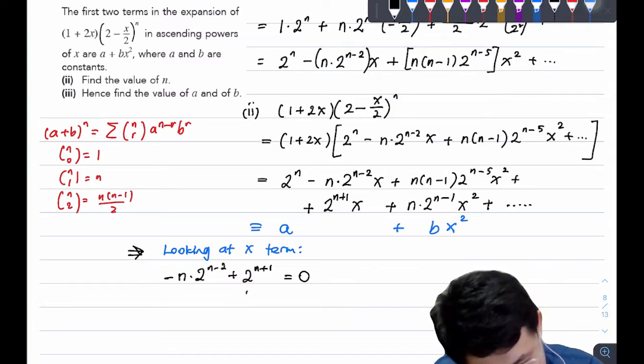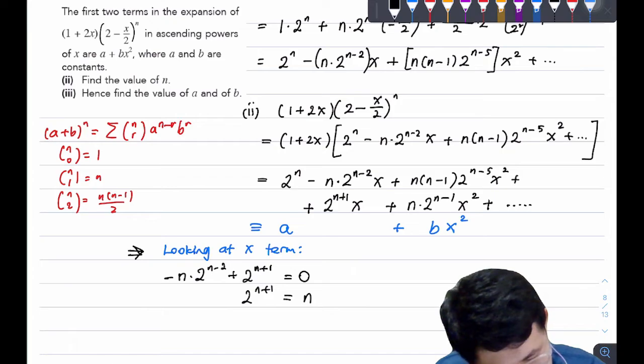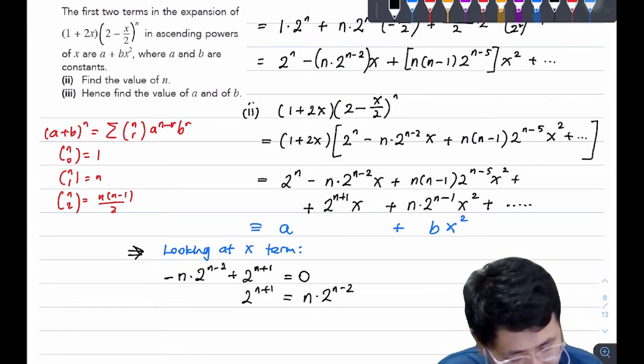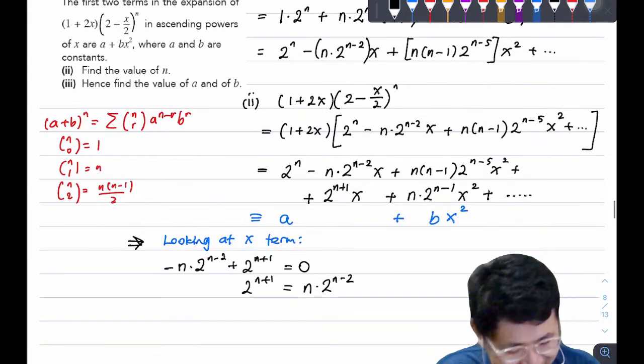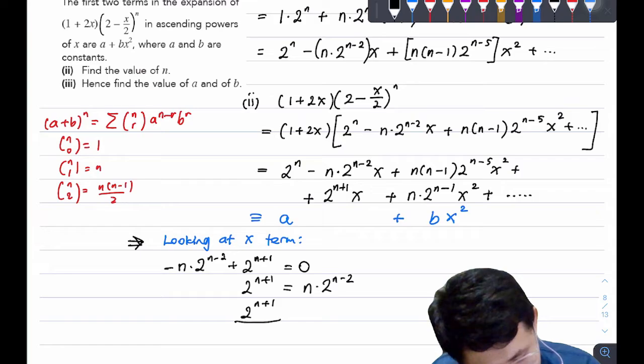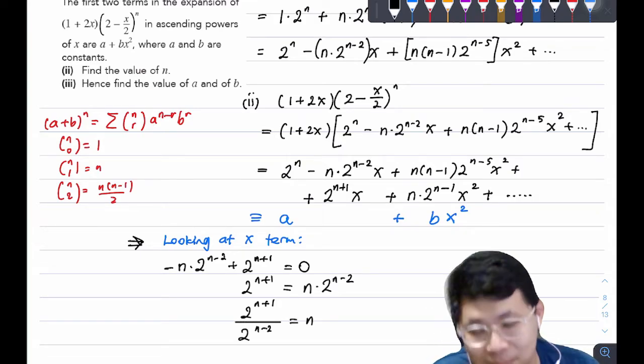So we can solve n plus 1 over here equals to n times 2n minus 2. Let me consolidate this one over here. So I have 2n plus 1 over 2n minus 2 is equals to n.